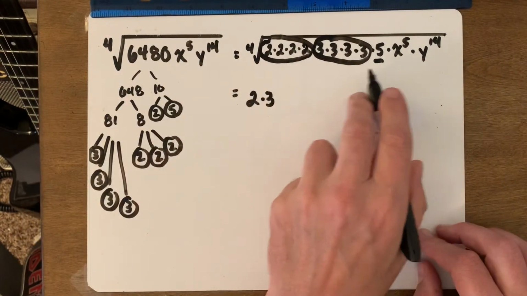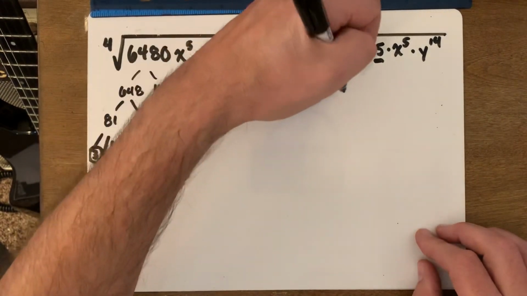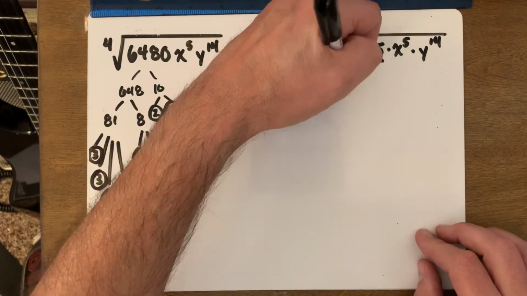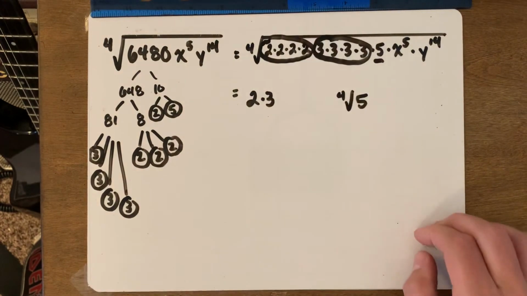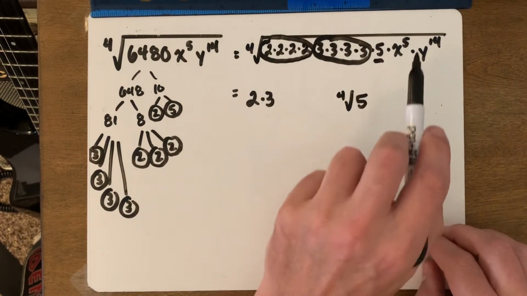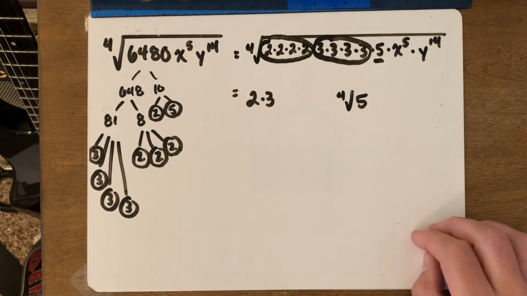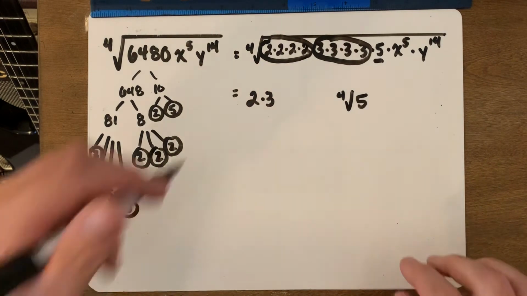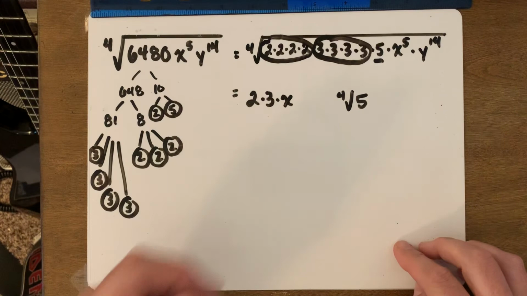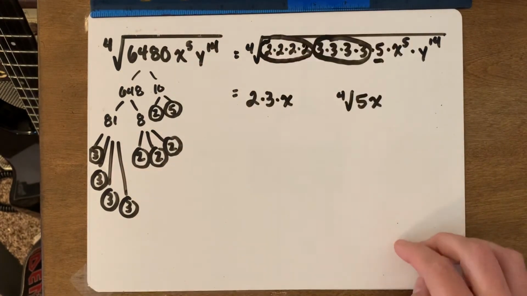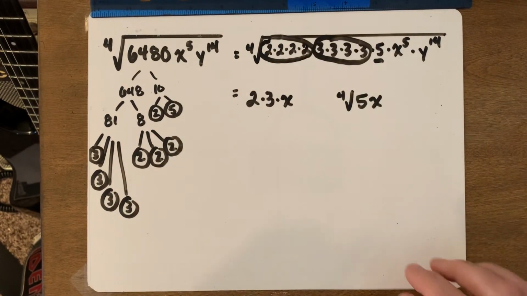It doesn't have 3 more of them to make 4 of them. So over here on the side, I'm going to put 4th root of, and all my leftovers are going to go here. Okay, so how many groups of 4 can I take out of 5? Well, I can take 1 group of 4 out, but when I do, there's 1 left over. And that extra 1 that's left over, you guessed it, goes in there with all the extras.